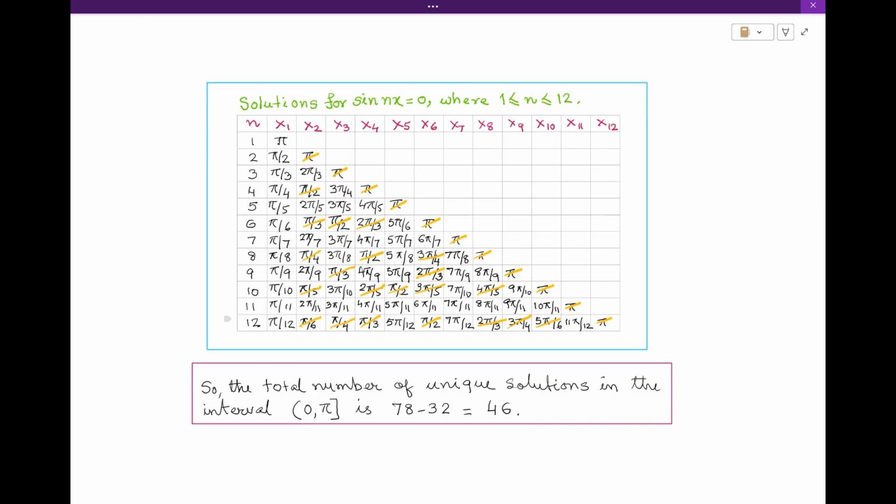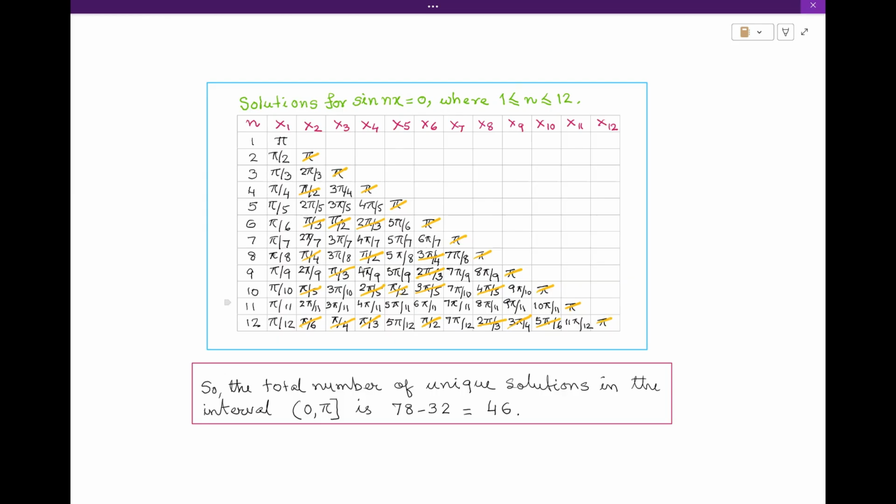After writing each of these down, we see that on the right hand side of every row, the pi is occurring. So pi is occurring a total of 12 times, out of which we can take only one pi as a solution, other pi's will be repetitions, and we have scored them out.